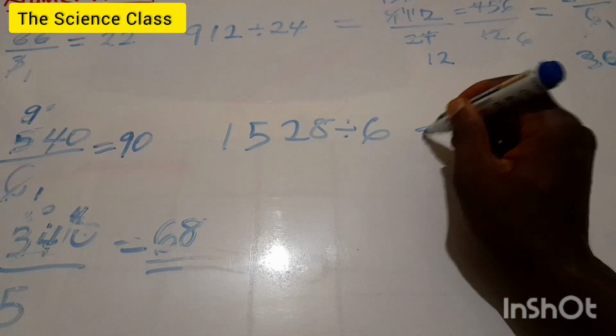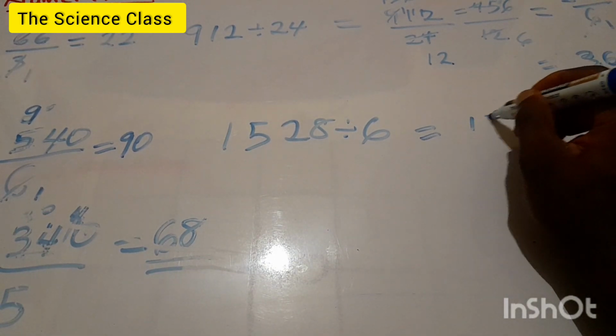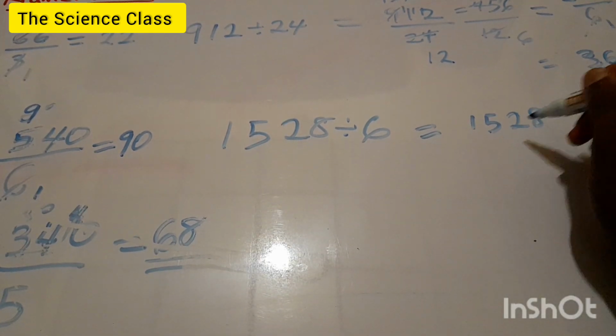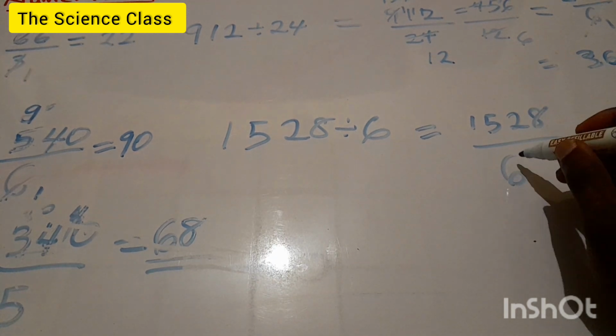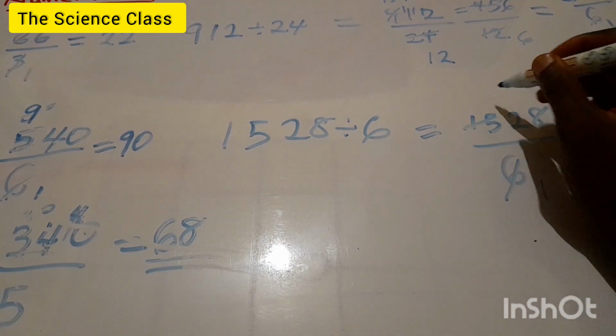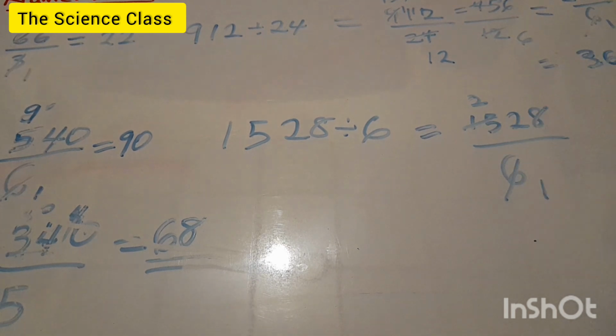All right. So it's going to give us 1528 divided by 6. 6 here in 15, that is 6 times 2 is 12. 15 minus 12, that's 3.